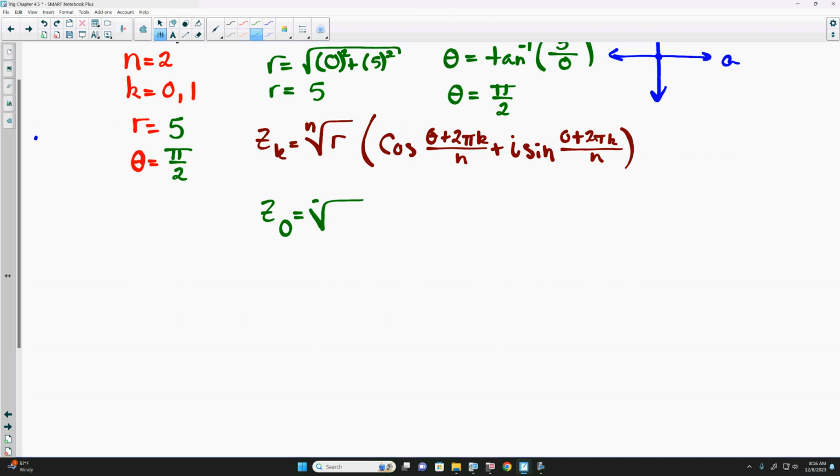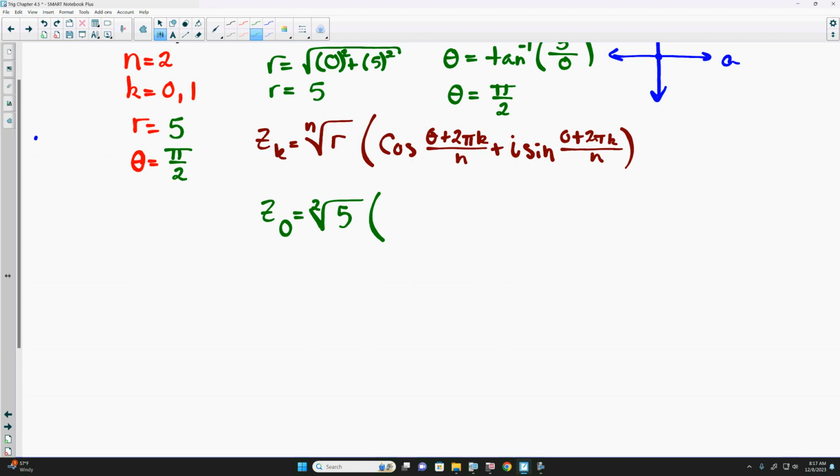Now in our case n is 2, square root. We don't necessarily have to write a 2 in for square roots, because if we just have a radical, it's understood to be 2. Our r value is 5. And really that's the last time 5 shows up for this step here. 5 is only going to be inside that radical.